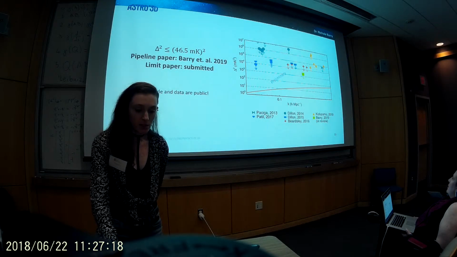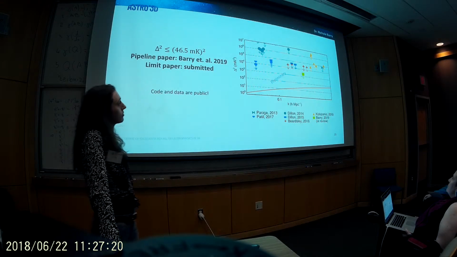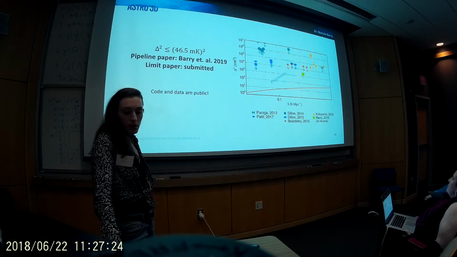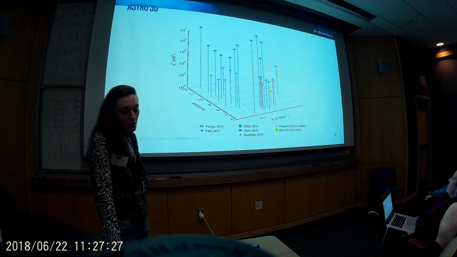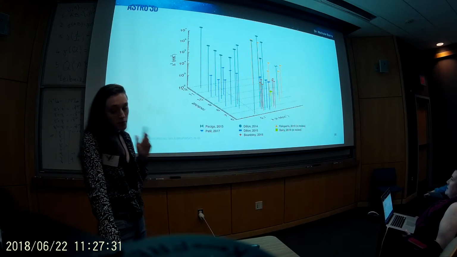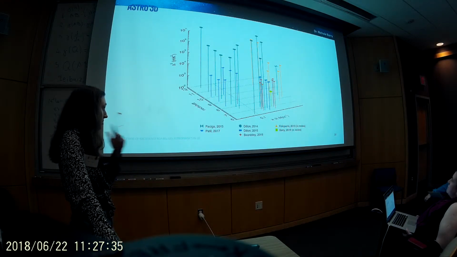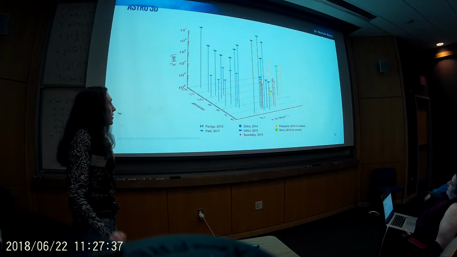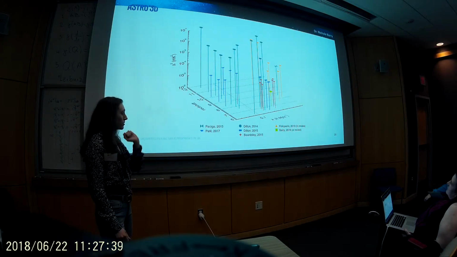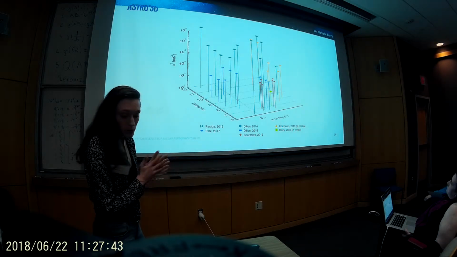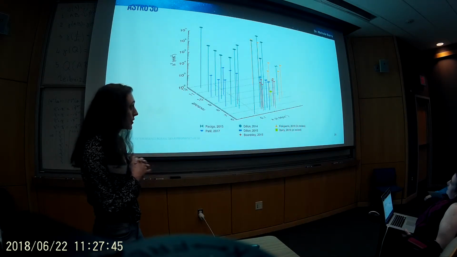You'll also see that everything is kind of smushed, like all those purple points together, all the teal ones, and that's really because this is a 3D plot. This is redshift, millikelvin squared, and size of the bubble K. And this is just playing around with stuff here. Our point is green, lime green, and it would be the lowest of the published limits once it gets through review.